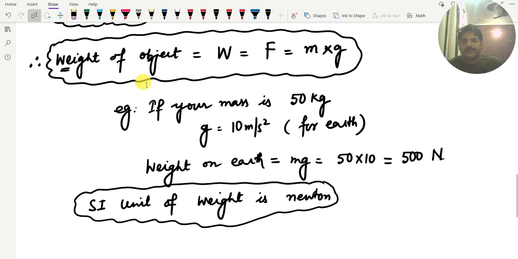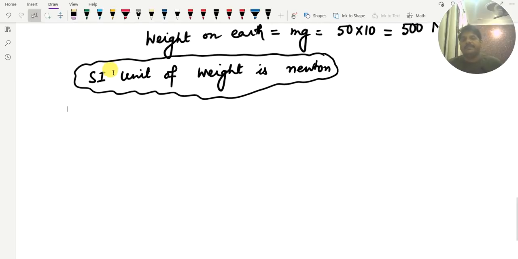Now the third important thing: if you see the formula or the definition, it says the force of attraction between the body and the center of earth. It is the force of attraction, and we know that force is a vector quantity. So what about weight? Weight is a vector quantity.